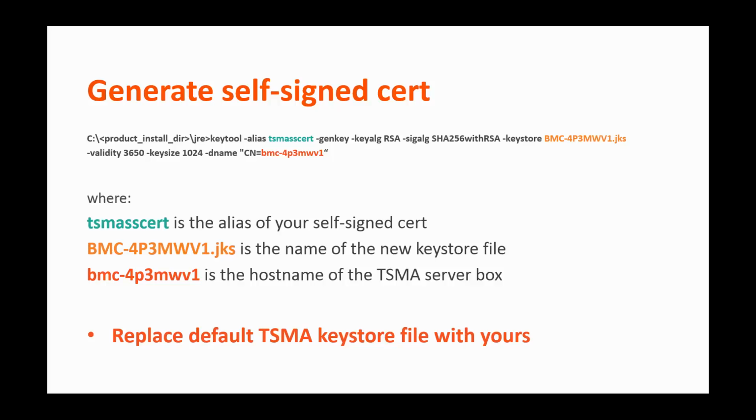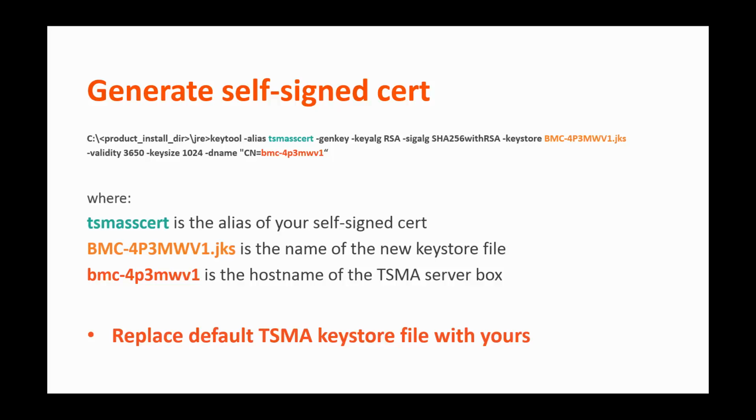To generate a self-signed cert, we'll take the command line that you see below and run that from the TrueSight Middleware Administrator product install directory in the JRE subdirectory, which has the keytool utility in it. The key parts are that we're going to generate an alias for the self-signed cert called TSMASSCERT.